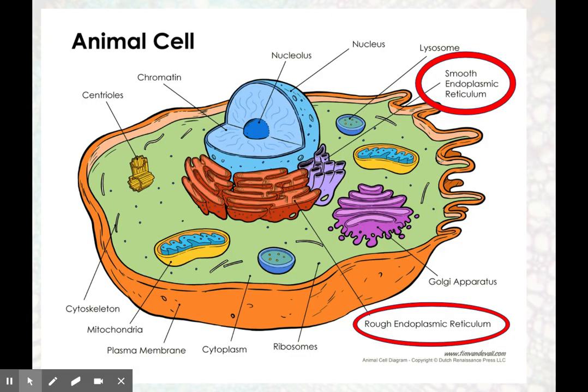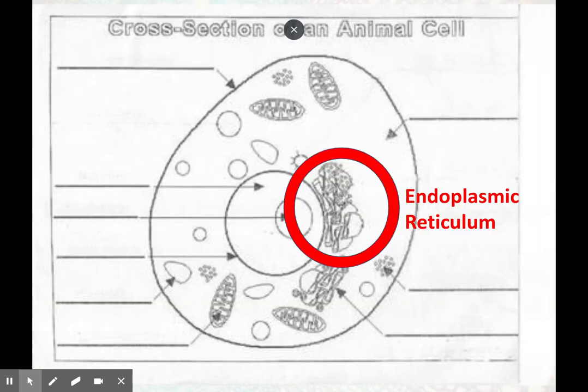So here we have in this diagram both the smooth and the rough ER. If you look at the smooth, you can see that it does not have ribosomes on it, and the smooth ER is going to make fats and lipids, and the rough ER is going to make proteins that become enzymes. But as you can see, the ER, the endoplasmic reticulum, is right here next to the nucleus where it belongs.